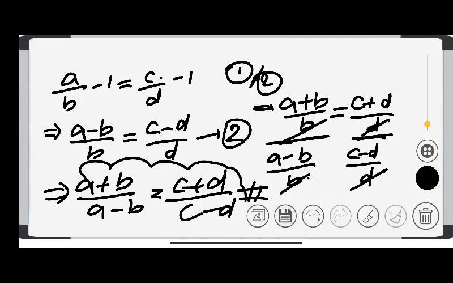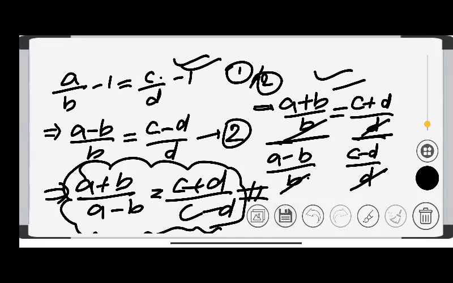So you have to remember this one. If you want to learn solving this, you can use this way, or you can remember it directly. If you are writing in a notebook, write this one. The results are: a by b is equal to c by d.